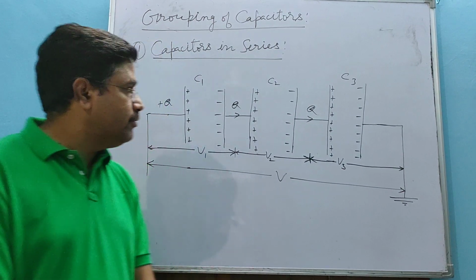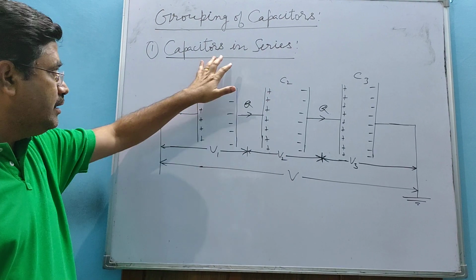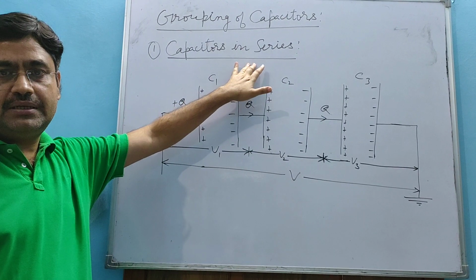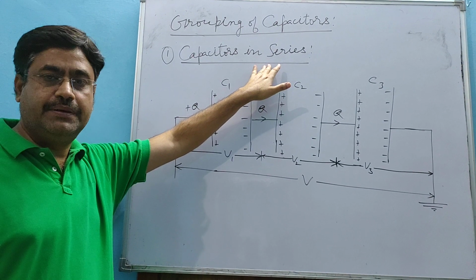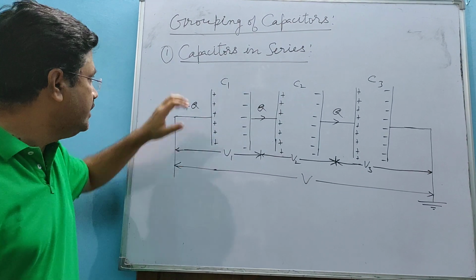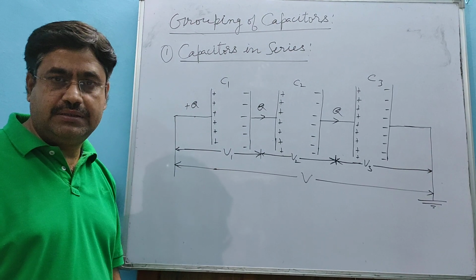Clear? Now we have two types of grouping. One is the series grouping of the capacitor and the second is the parallel grouping of the capacitor. First of all, we discuss the series grouping of the capacitor.